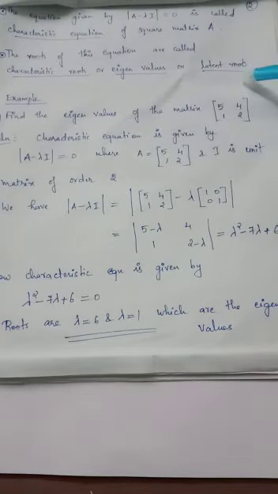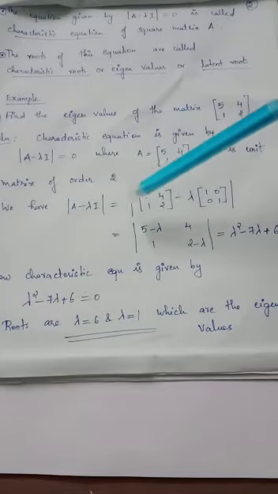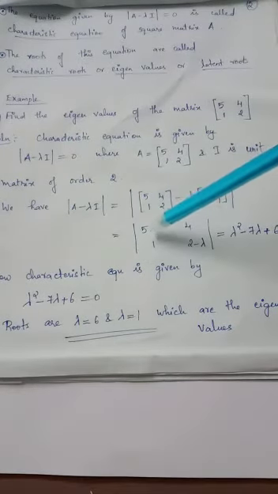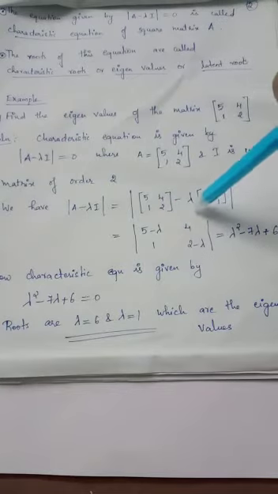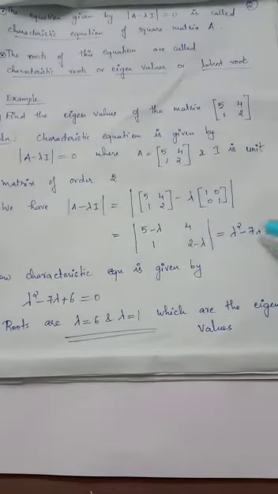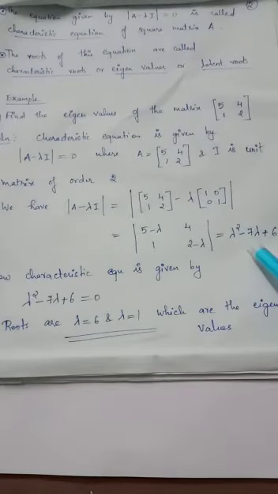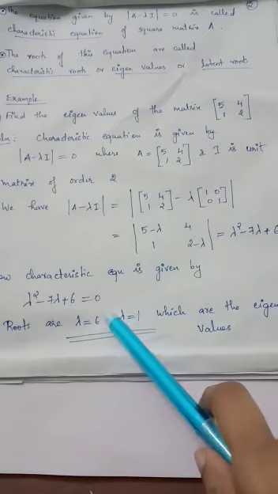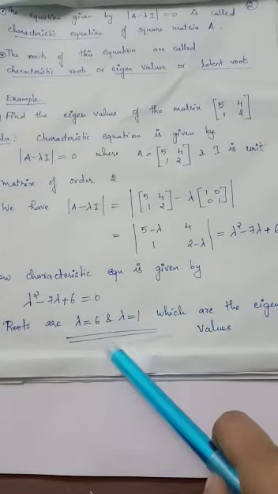So in simple terms, what is characteristic equation? For a square matrix A, the equation obtained by evaluating determinant of A minus lambda I equal to 0 with lambda as the only unknown value. After evaluating the determinant, we get an equation in terms of lambda, and this equation when equated to 0 will give us roots, and these roots are known as the eigenvalues.